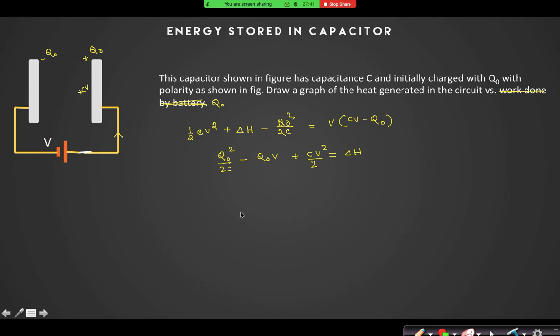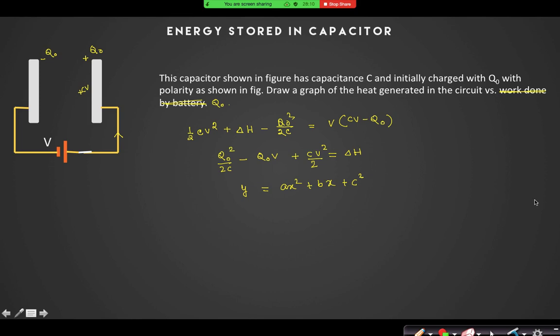Have you got this equation, everyone? You can see that this equation is in the form y is equal to ax square plus bx plus c, right? So if I try to plot this graph, you can see A is positive, so it will open upward. Minus B by 2A, is it positive or negative?